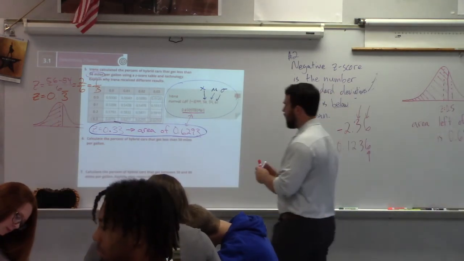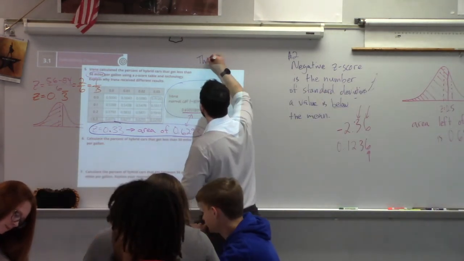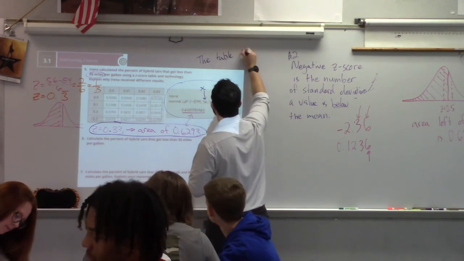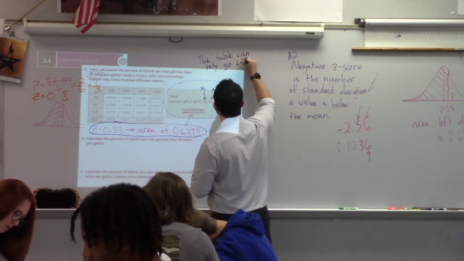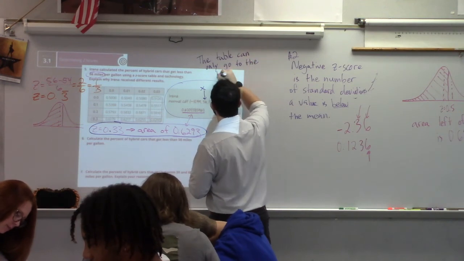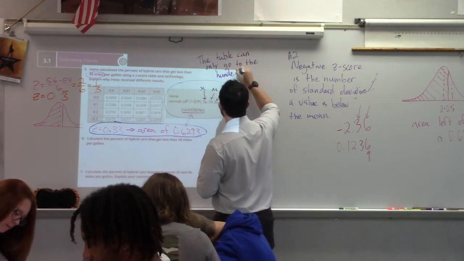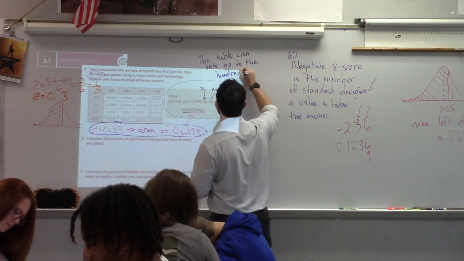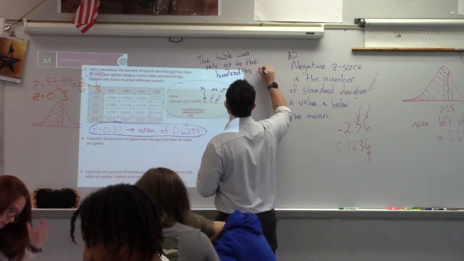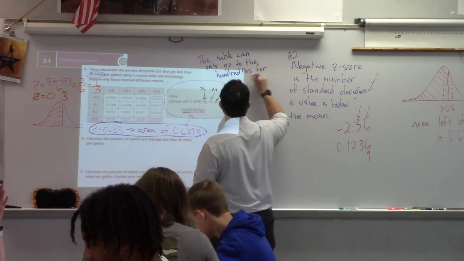And so we would want to note, the table can only go to the hundredths. I would put it next to number 5, or somewhere within number 5, to the hundredths for z-scores.